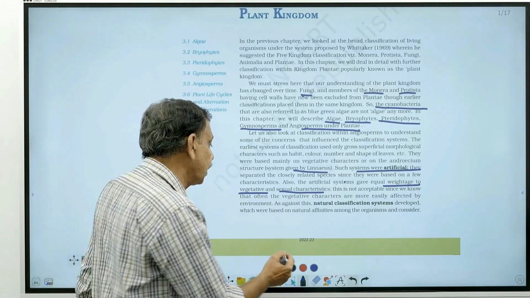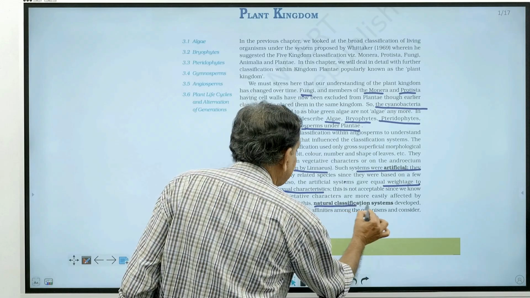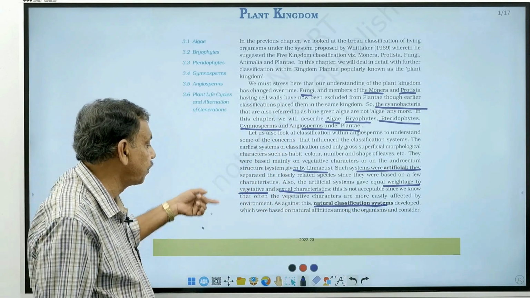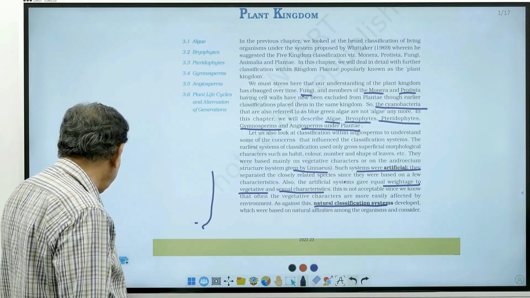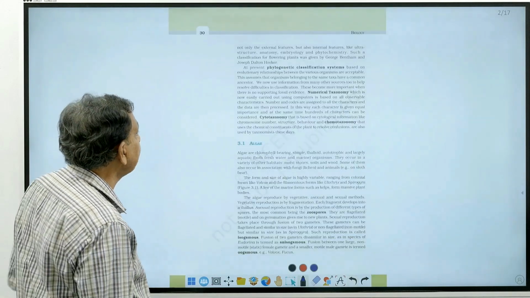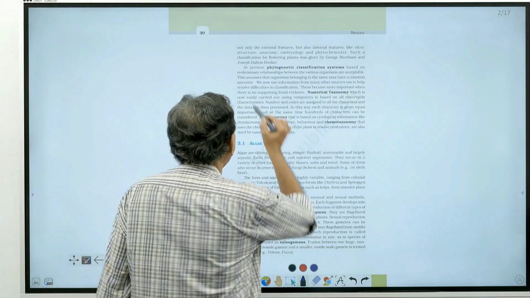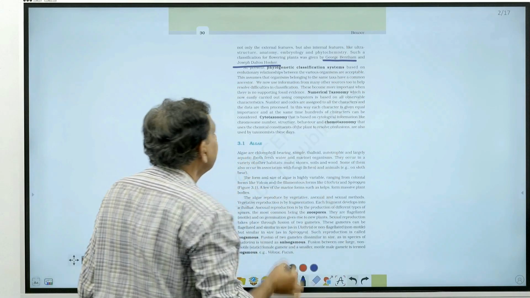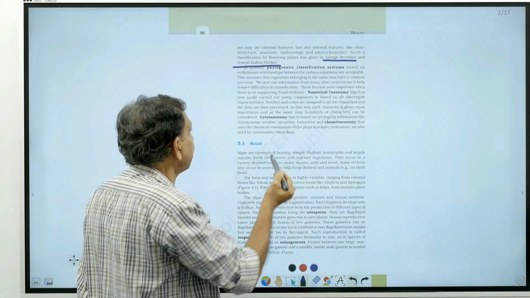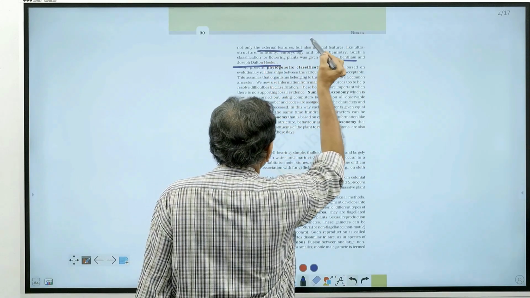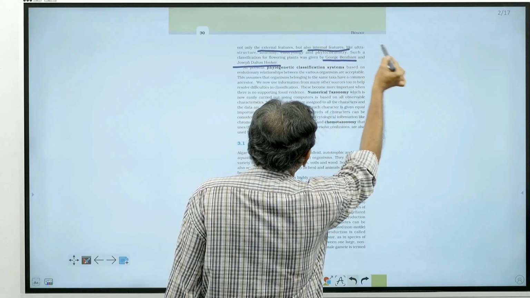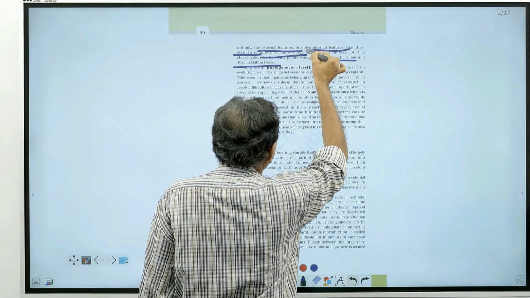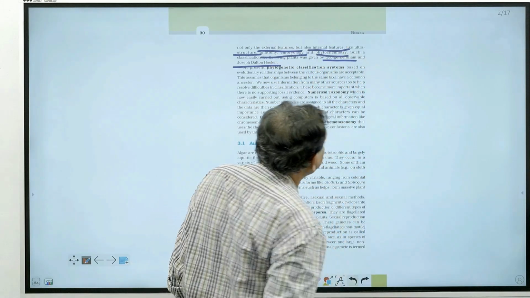Now the next system is called the natural system of classification. This system was brought out by Joseph Dalton Hooker and George Bentham. This system incorporates not only the study of external features, but also the internal features like structure, anatomy, embryology, and phytochemistry.